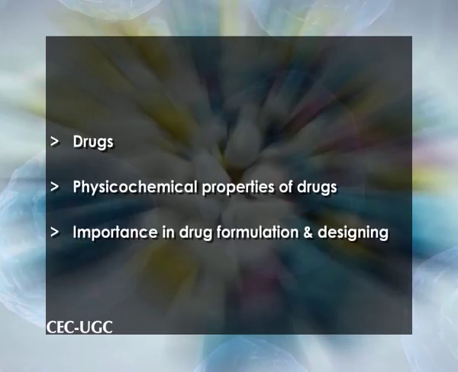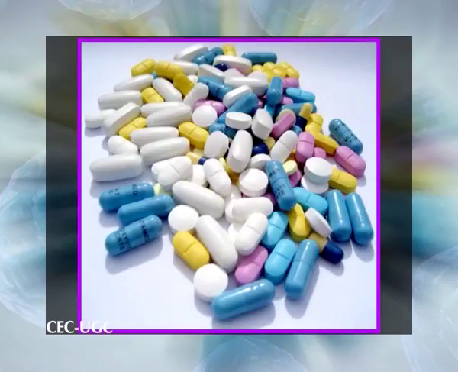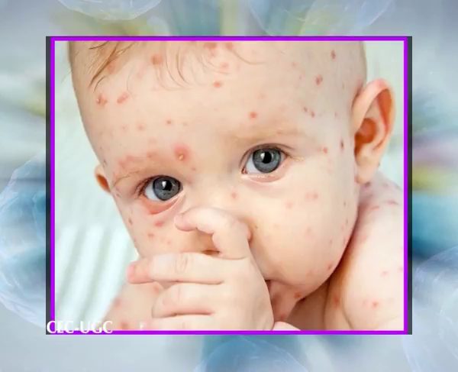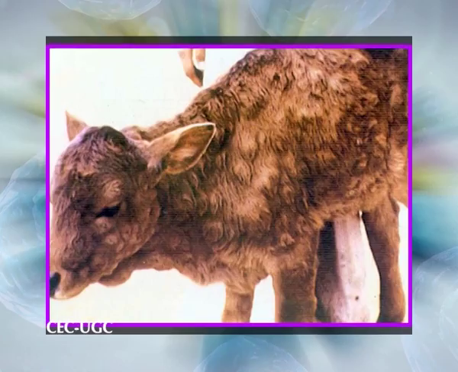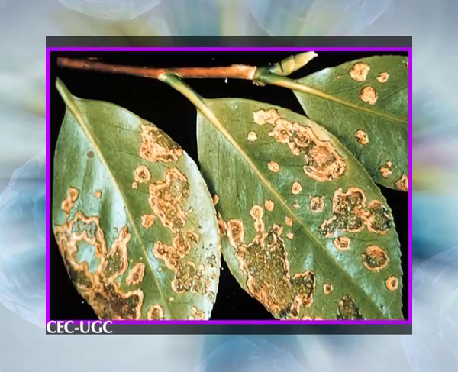First of all, let's know what drugs are. What do we mean by physicochemical properties of drugs and what's their importance in the drug formulation and designing? Well, drugs belong to the category of the chemical substances that are employed either to prevent or to cure diseases in humans, animals, and plants.